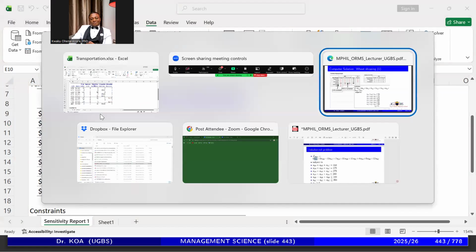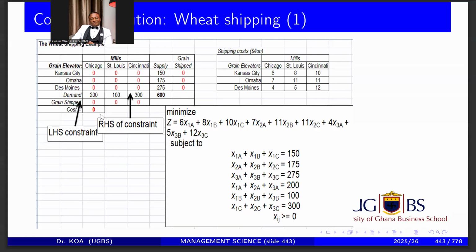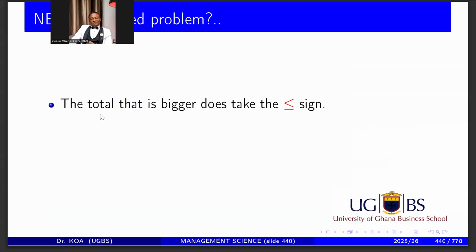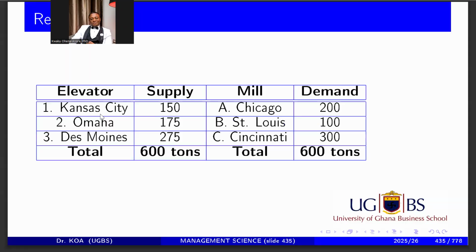Now let me show you something interesting. If you can remember the original, the original Kansas City had 150. Chicago is having 200. But Kansas City didn't send everything from Kansas City to Chicago, even though Chicago wanted more.